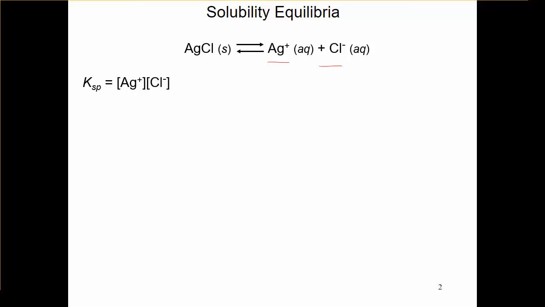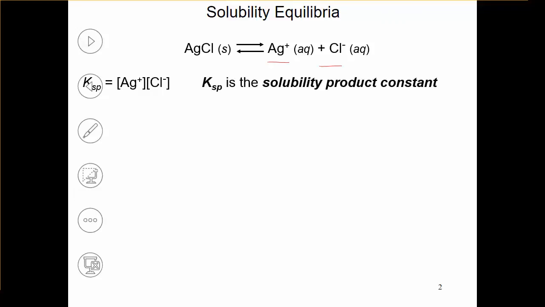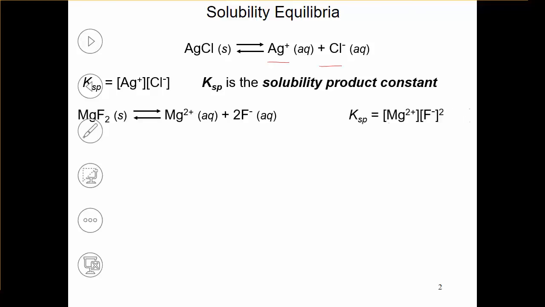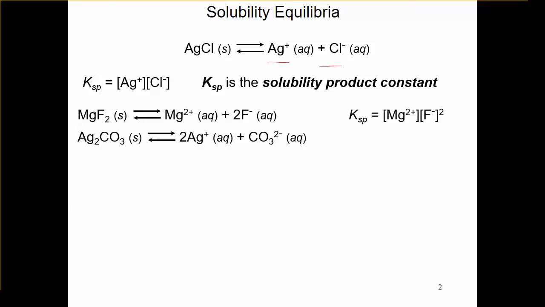Okay? And the concentration of silver and chlorine, they're going to be the same, because silver chloride will dissociate into equal parts. Okay? So we could simplify this. We could simplify the Ksp here to be Ksp equals S squared.